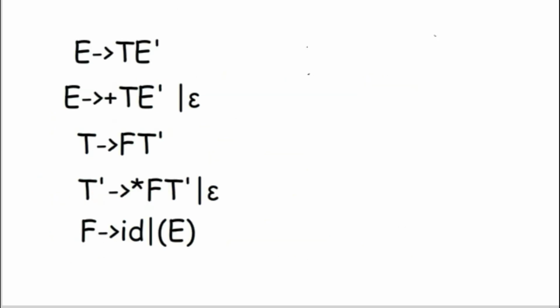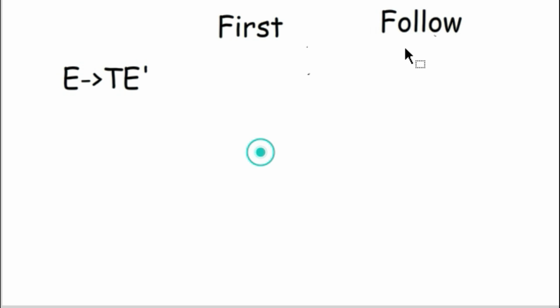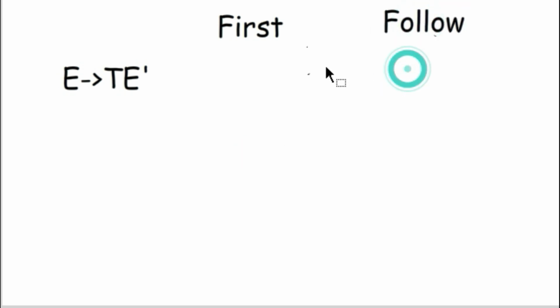Now let's compute first and follow. How do we compute first and follow? Let us start by computing the first and follow for this. So we will write first and follow. In this case, how do we find the first?